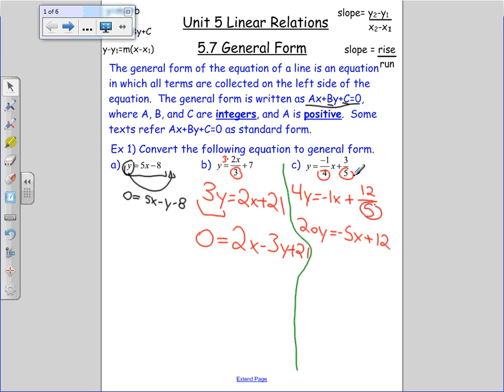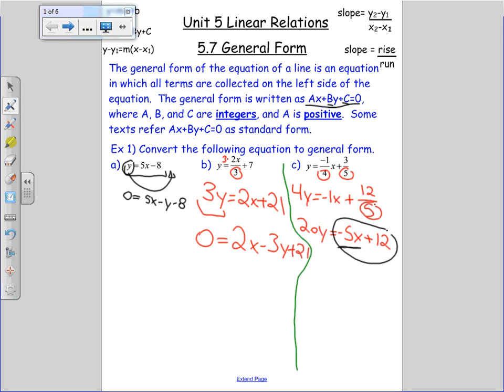So if your x is negative, right here, it is, then you want to move everything on this side to the other side. These first two questions, we moved the y values because our x's were positive. This one, we want to move our x value because it's negative. And you'll see it'll change it to a positive.